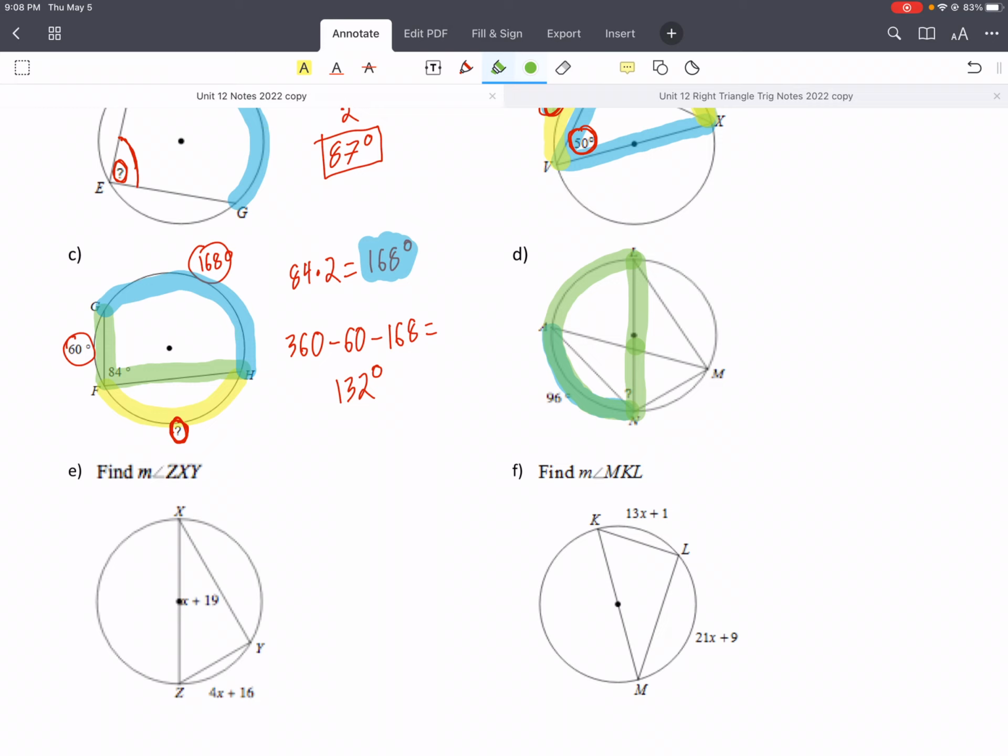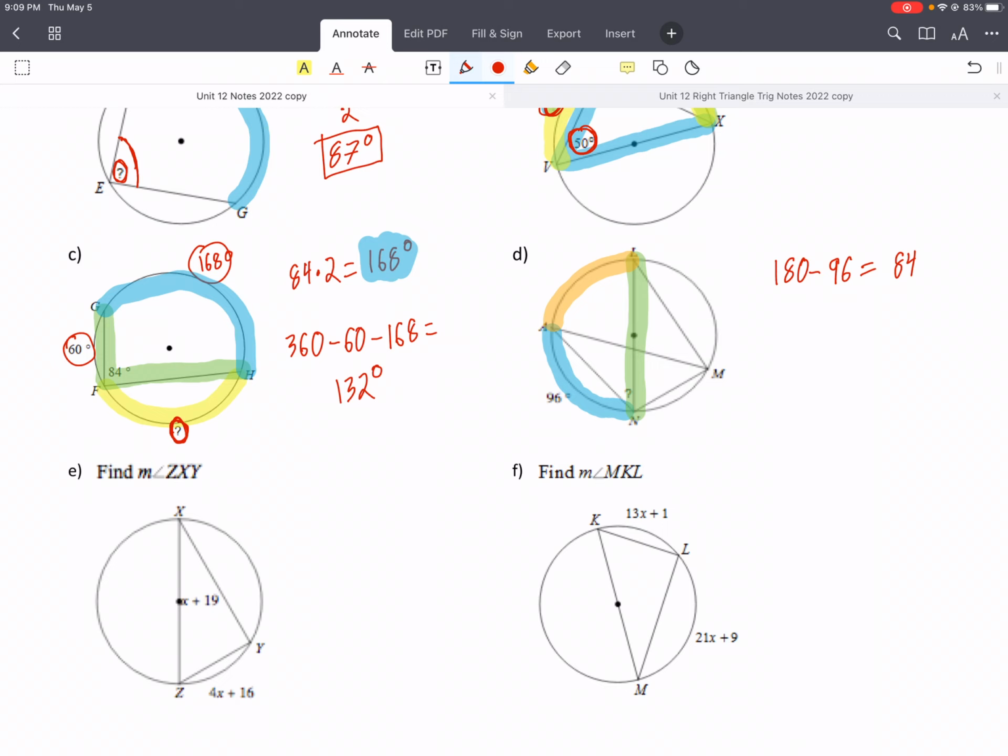And a semicircle is 180 degrees. So to figure out what that part of the semicircle is, we take 180 and subtract 96, and that gives us 84.